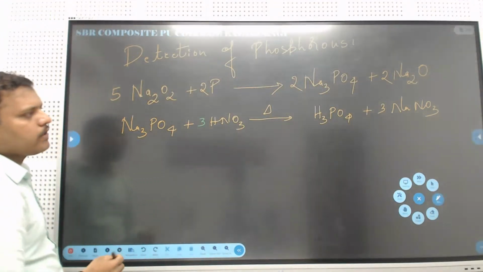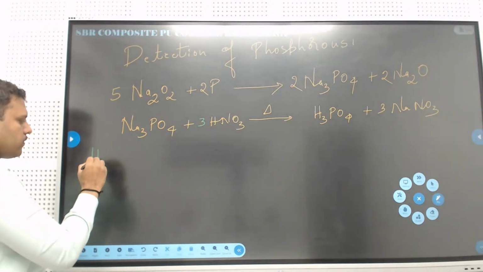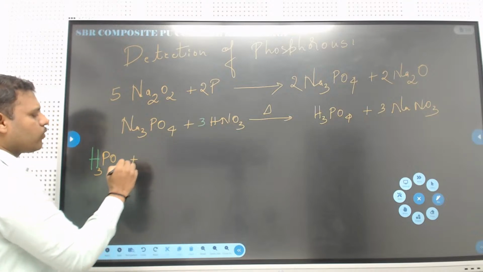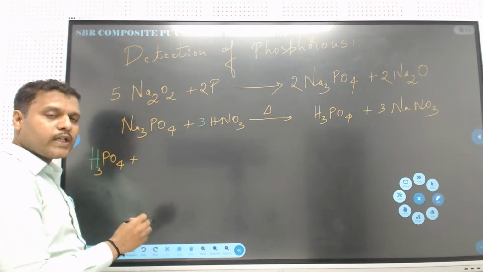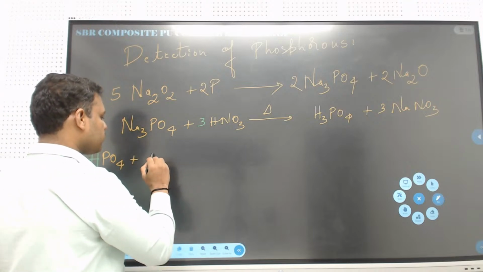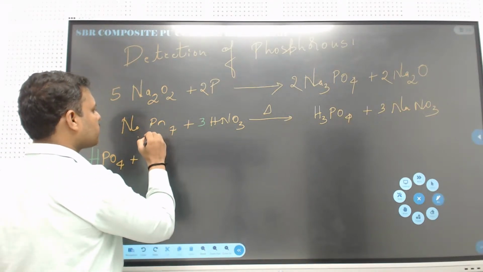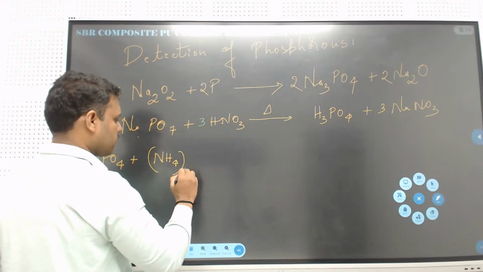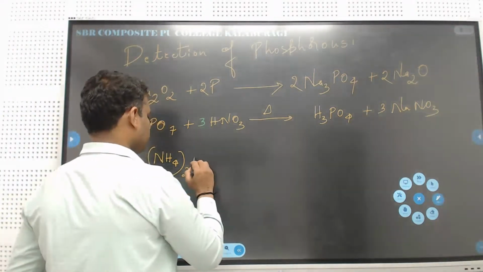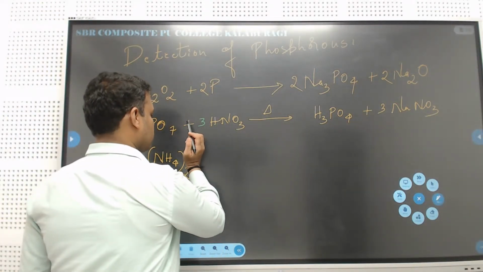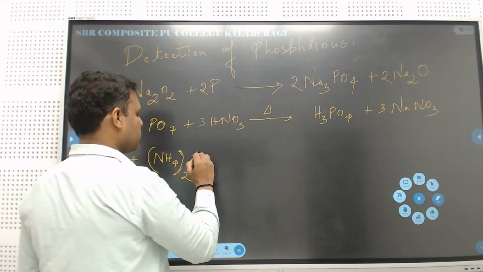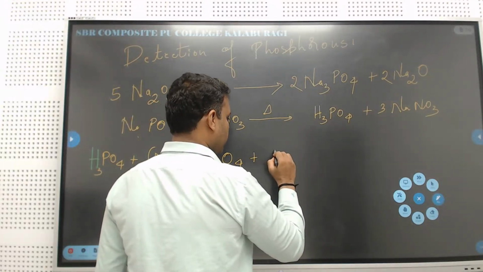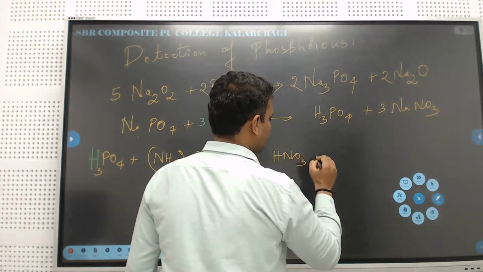Now to this H3PO4, we add a solution of ammonium molybdate, along with HNO3.